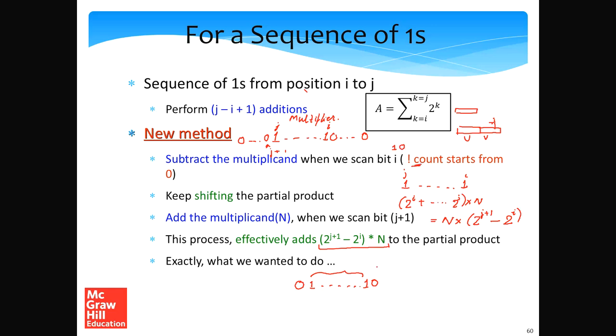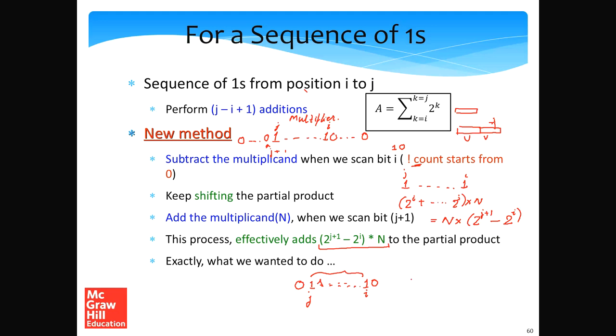So this is what this line means. The moment we see a continuous run of ones between position i and position j, and the count starts from 0, which means that if it's the first position, then we'll have 2 raised to the power 0, but that's okay.